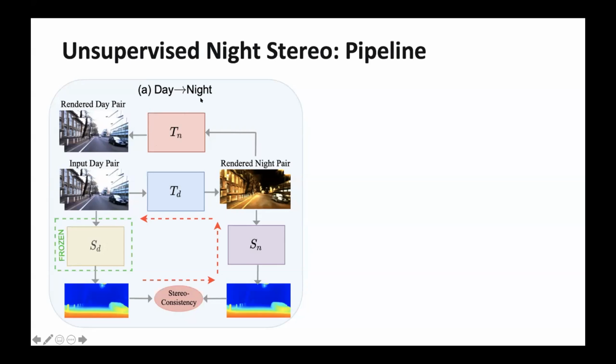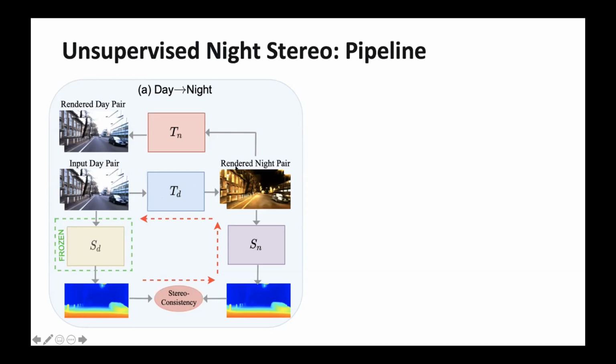Okay, so here we translate day to night. First, we train the network in the first stage. We have the day images, with stereo image pairs, and then we do the translation to night images. We don't have correct initialization, of course, and we don't have any pre-trained network, so we just use random initialization in the beginning.